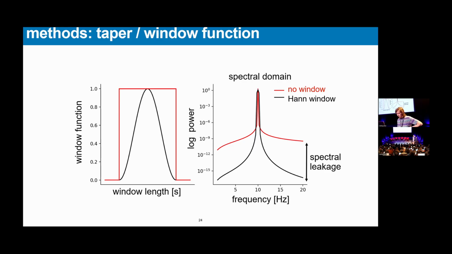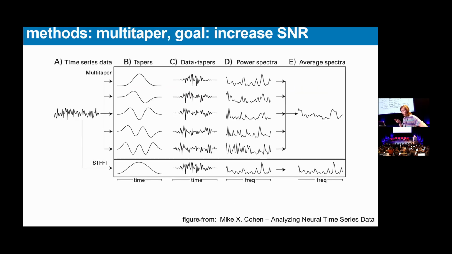So they are often used for making the spectral estimation more robust against that. There's also something called multi-taper, where you use different kinds of tapers for the same segment and basically average over all of these tapers, again with the intention to reduce noise or uncertainty in the estimation.